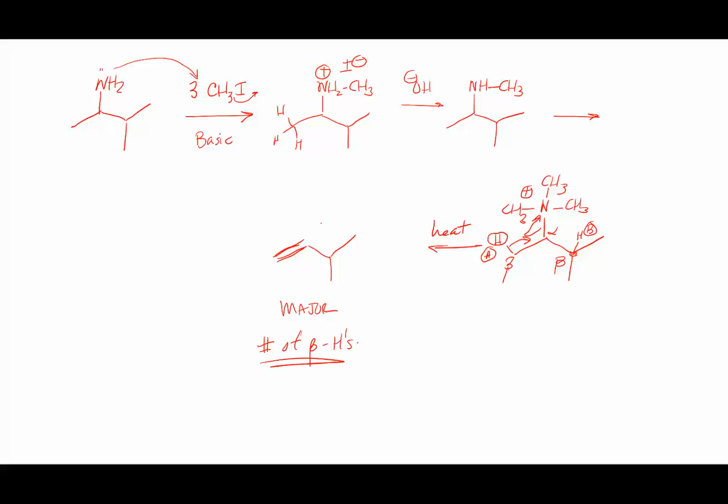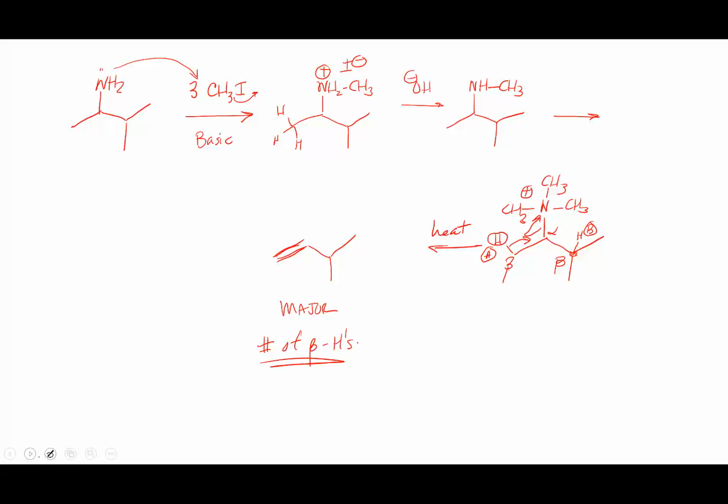Because then you've got to rotate the molecule in the sawhorse projection in order to get the hydrogen and the leaving group to be anti-periplanar to get the right E/Z stereochemistry of the final product. But we'll do that on Friday.